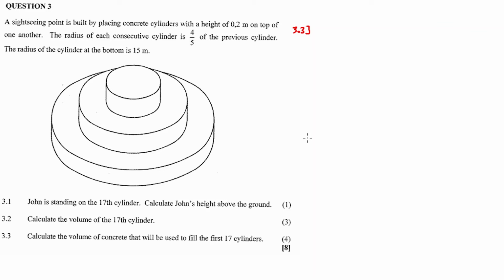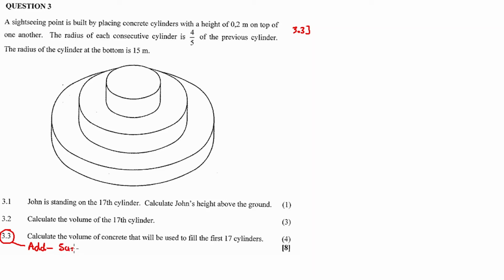To work out the volume poured into these cylinders, you find the volume for the first cylinder, second, third, fourth, up to 15, 16, 17. Then you add all of them. Keyword: add.